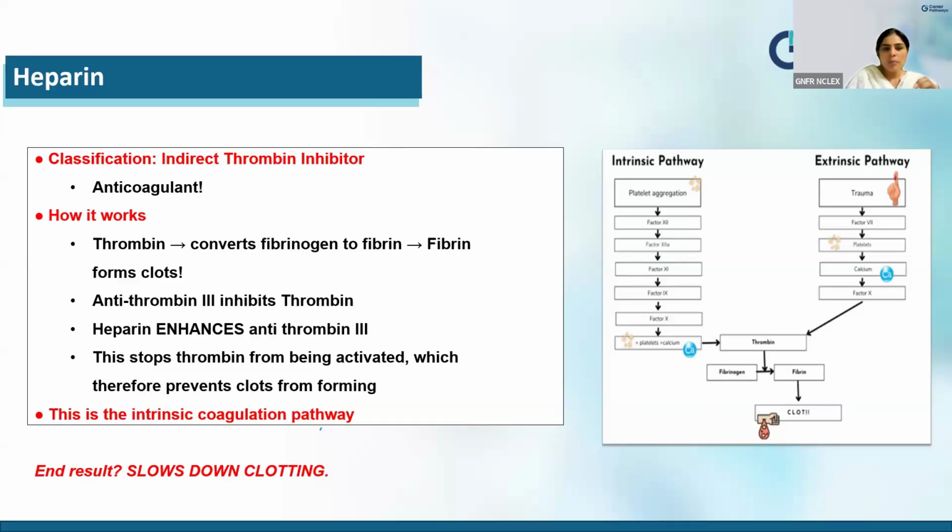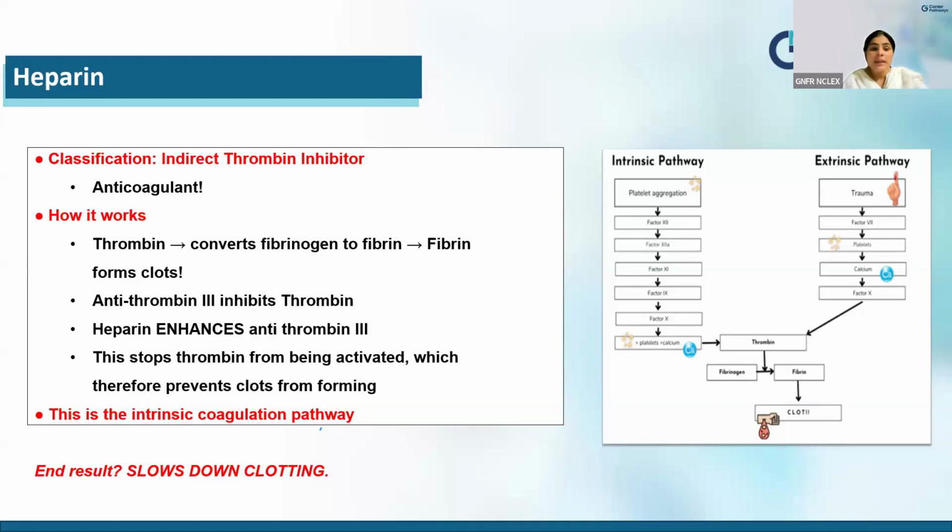Only activated thrombin can convert fibrinogen, but heparin acts on that and stops thrombin from being activated, which therefore prevents clot formation. So this is in the intrinsic coagulation pathway.